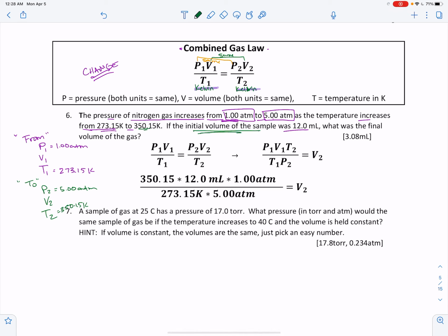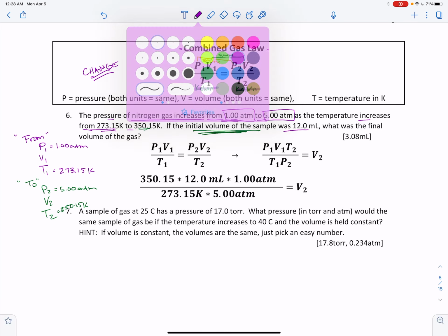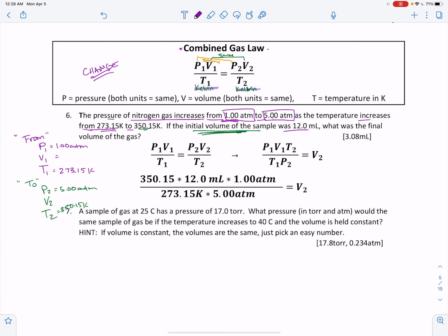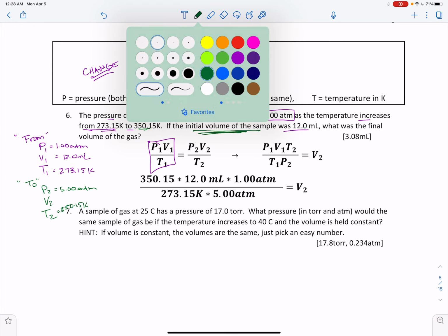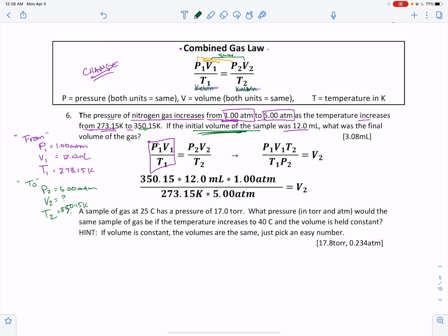It doesn't say from, but it does say initial, so that's the beginning of something. That's 12.0 milliliters. So we basically have all of these, and we don't know this one. That's the one I'm looking for.